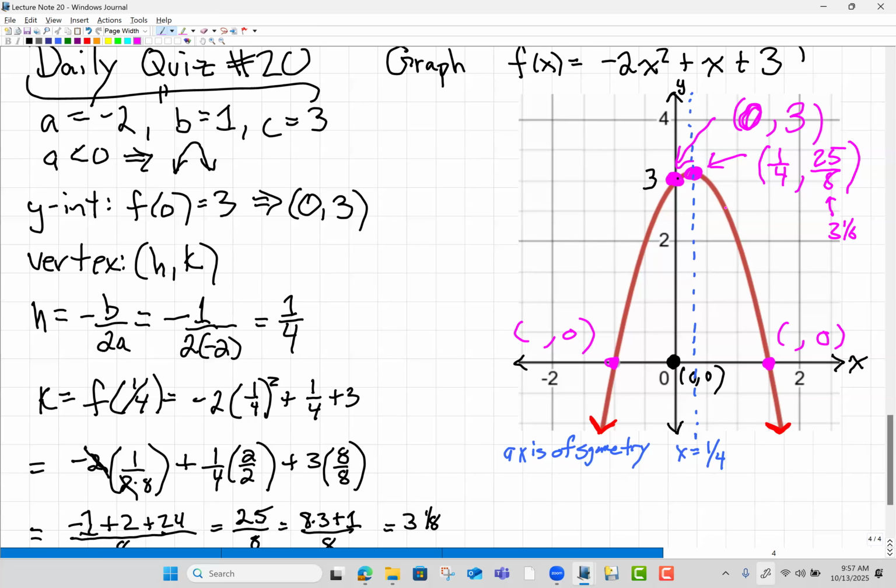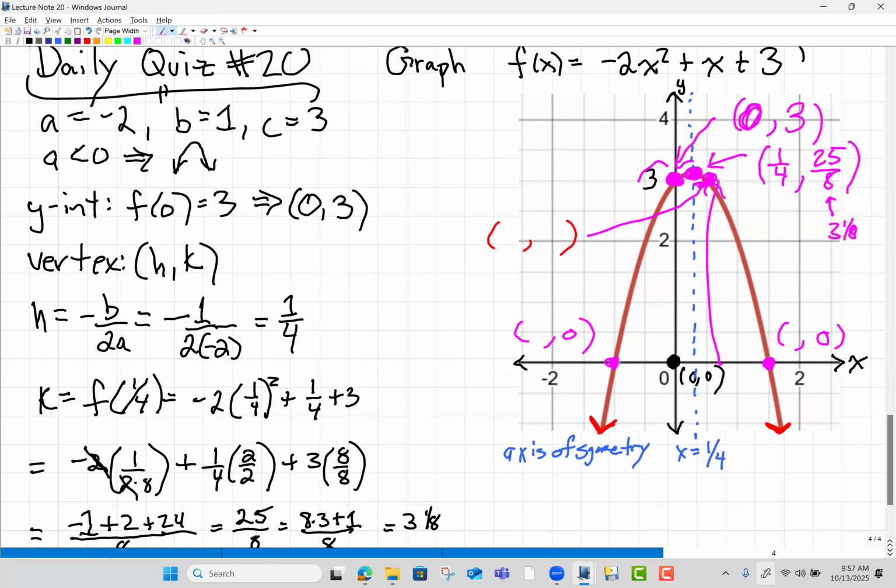Okay. Now that we know that point, if you want to, you can get the little sister point or mirror point for this y intercept. We know they have the same y value, the same height.